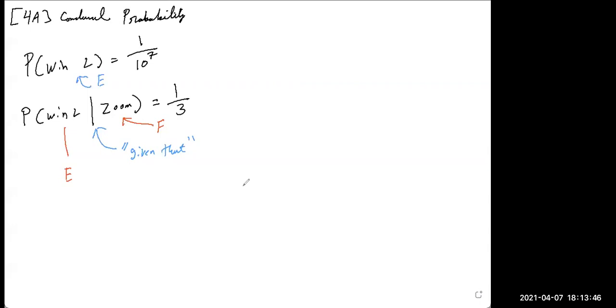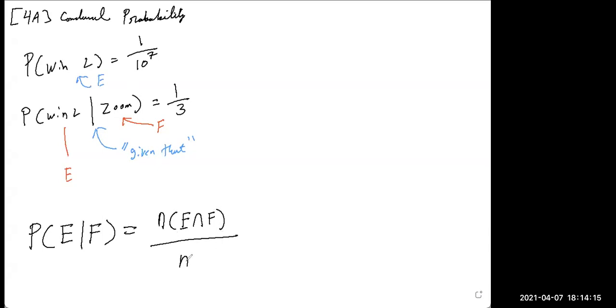Okay. So that's the idea with this conditional probability. Now, conditional probability has a formal definition, and that is the probability of event E given that the event F has occurred is equal to the number of ways that they could happen at the same time, E intersect F, over the number of ways that the event F could occur.